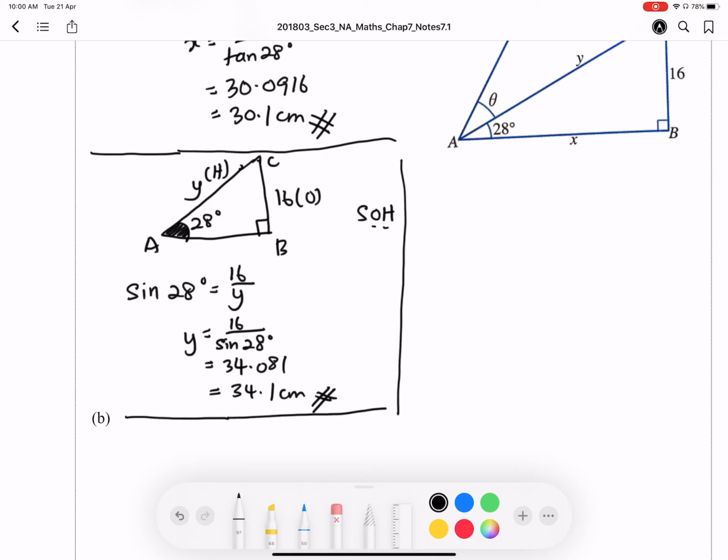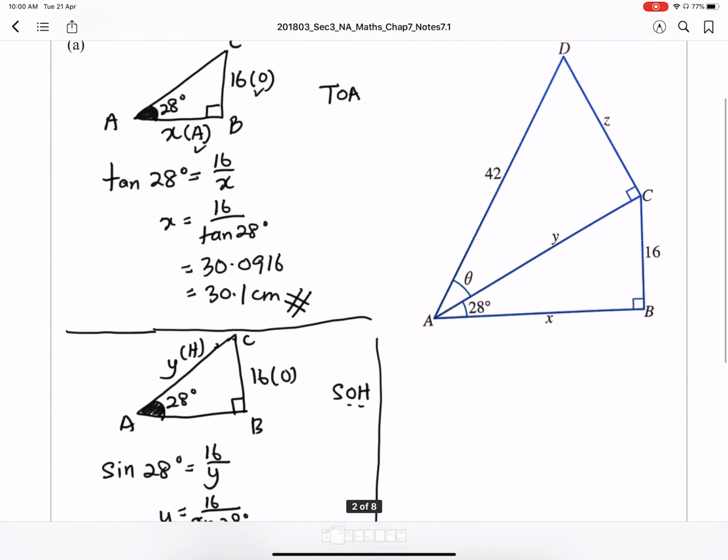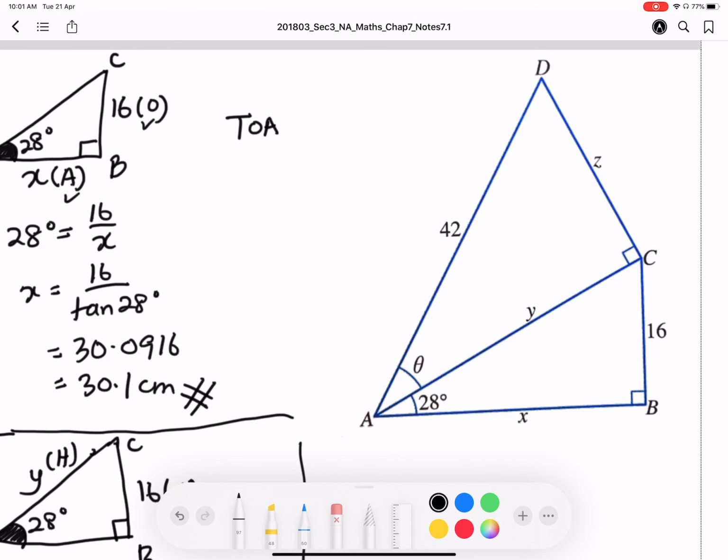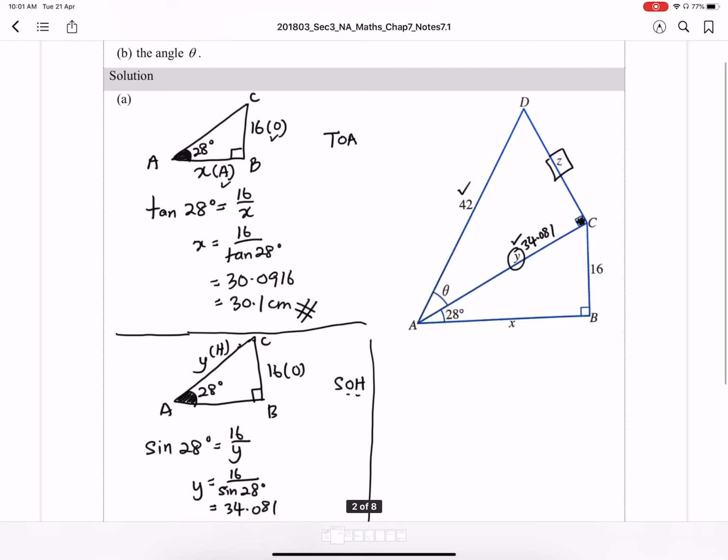Finally, when you want to find the last value for Z, we already have the Y value, which is 34.081, and here we have 42 given. We can find Z by using Pythagoras theorem. Notice that this is a right angle triangle, so it is possible to use Pythagoras theorem for this.